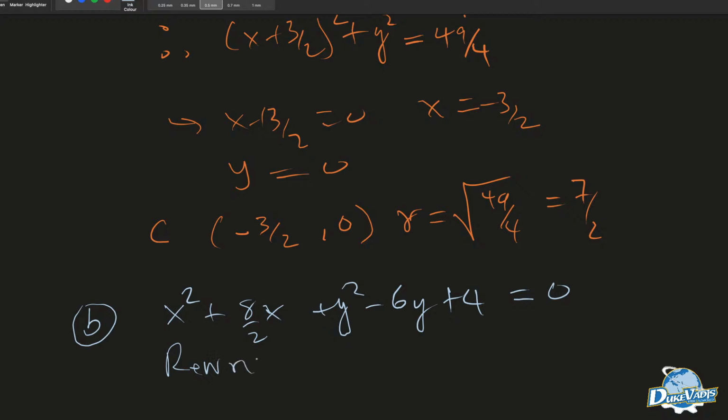We'll rewrite the equation by simplification.